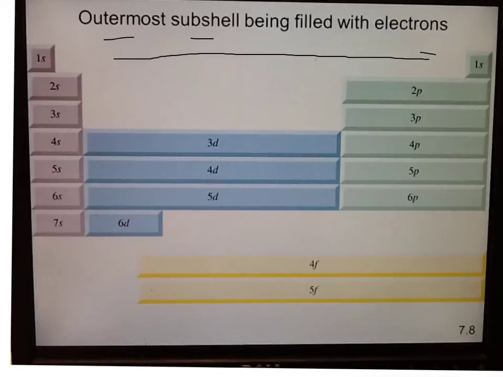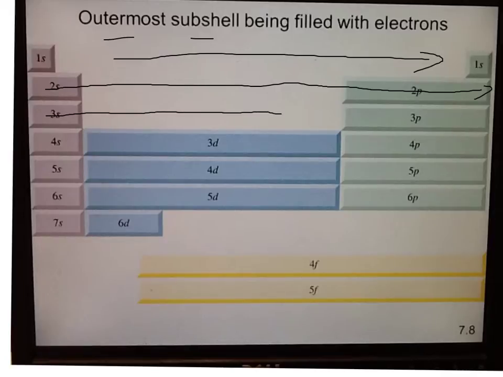As we go from hydrogen to helium, we're filling the 1s. After the 1s is filled, we start filling the 2s. After the 2s is filled, we fill the 2p. After the 2p's are filled, we fill the 3s, and then the 3p.